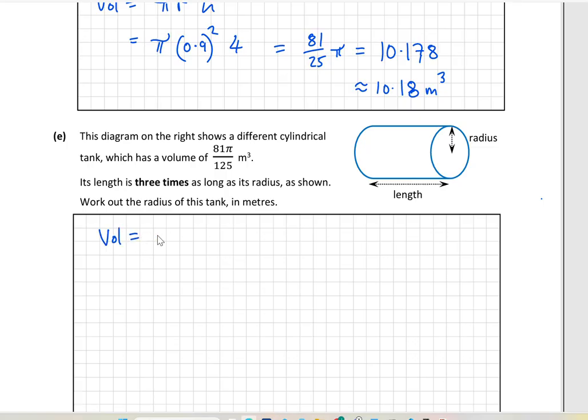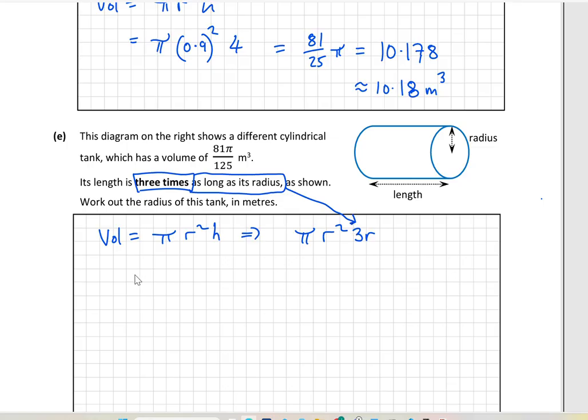So volume is equal to pi r squared, and this is actually not h any longer. It is h, but let me just rewrite it. It's going to be pi r squared multiplied by 3r, because they've told me that this in particular is 3 times r.